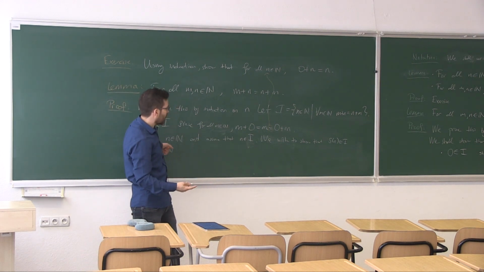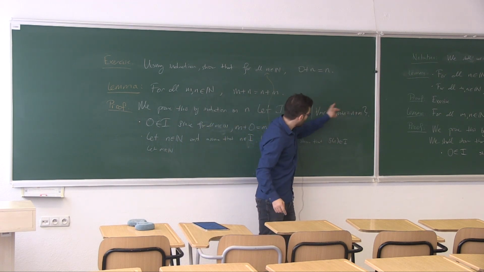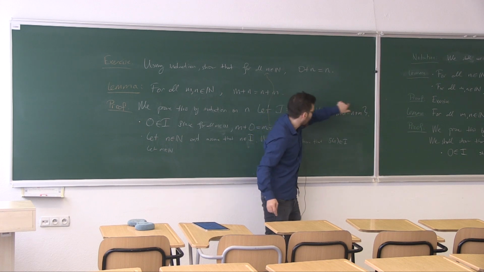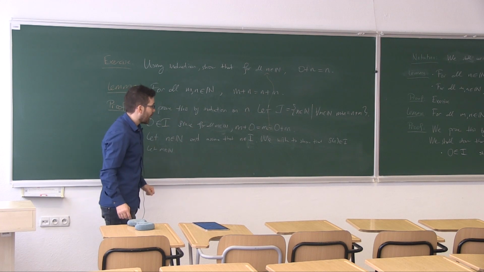Why am I taking such an m? Because I want to show that for S of n, something happens, and that something starts with the quantifier for all. For all m, something happens. So I'm just picking some m, and I'm going to try to prove that m plus S of n equals S of n plus m.